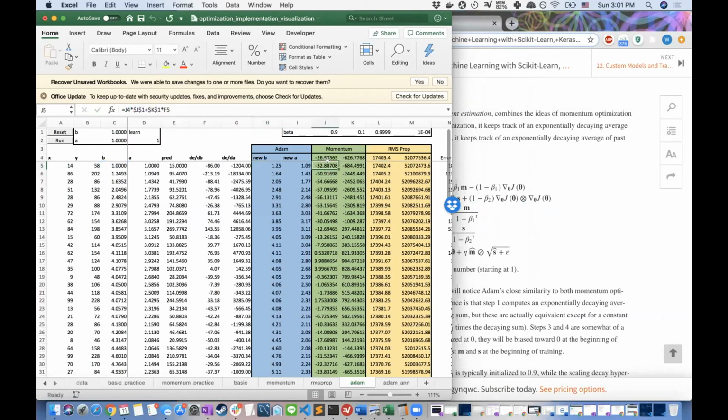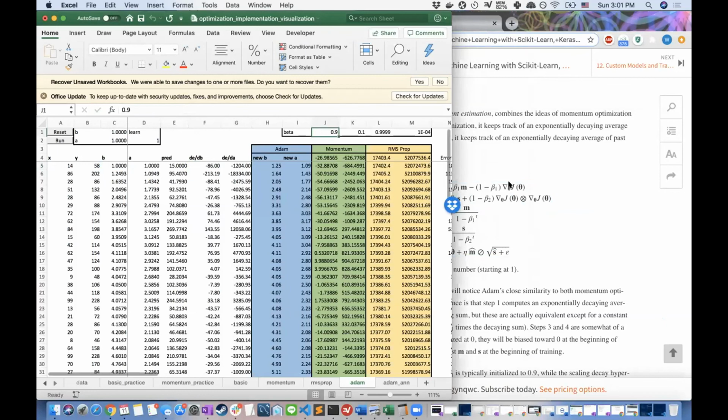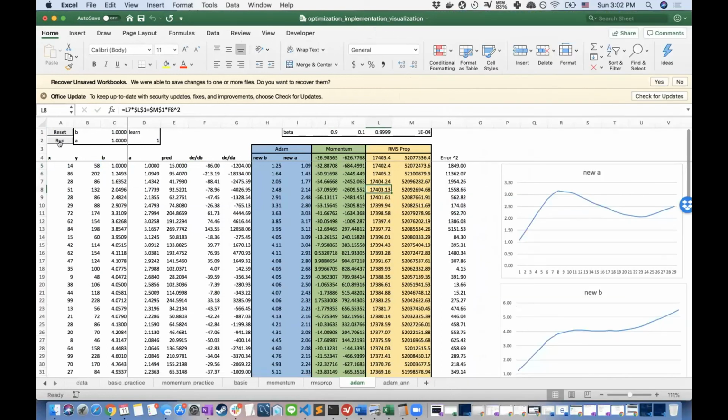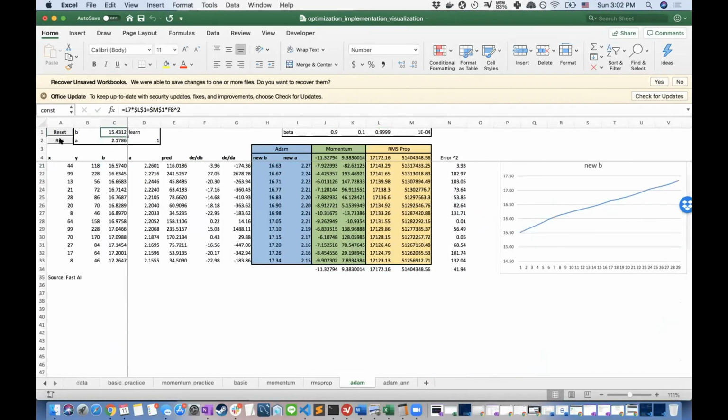We went through how momentum is calculated and RMS is calculated. So you have your beta 1, which is 0.9 here, and beta 2, which is 0.9999 here. And look at how fast it can converge. 5 epochs, and you can even use a learning rate of 1.